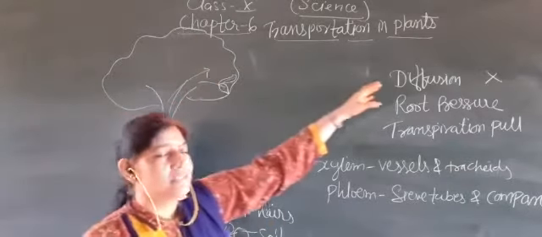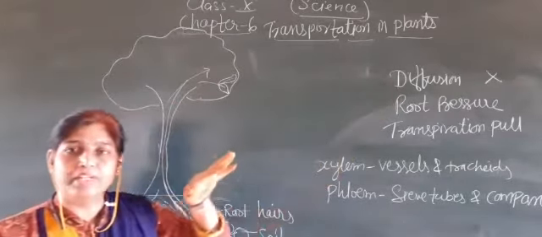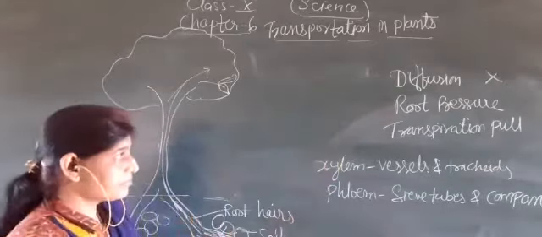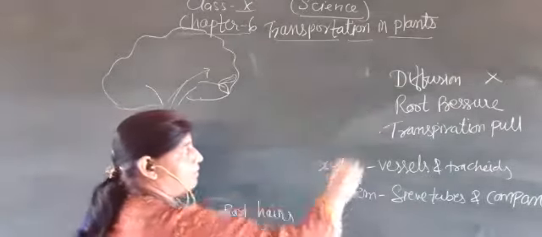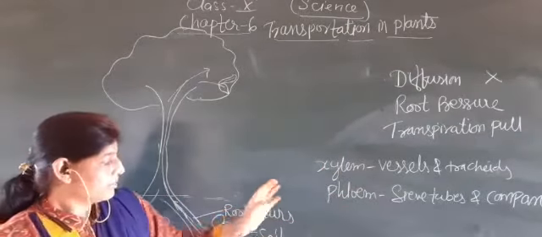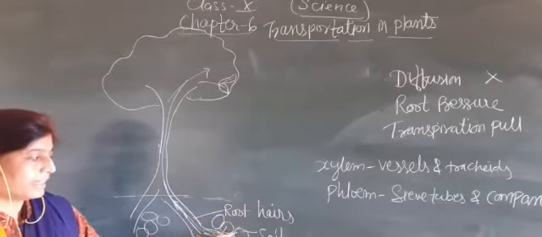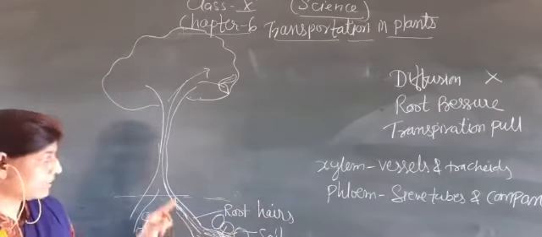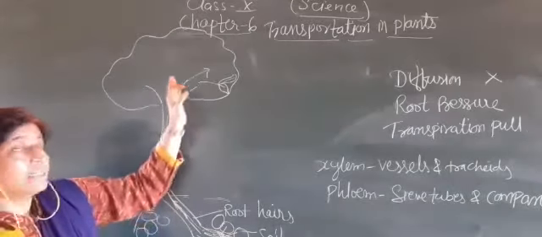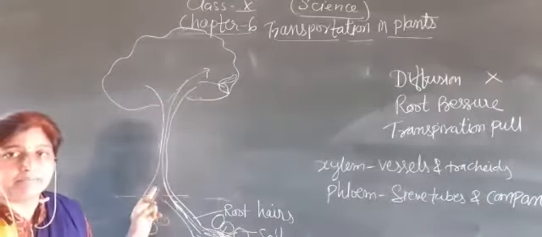So this diffusion method is followed by very lower types of organisms, which are unicellular or multicellular. Plants follow the root pressure method also during the night, and water is easily taken up by the root cells to the stem and the leaves due to the continuous column of xylem.